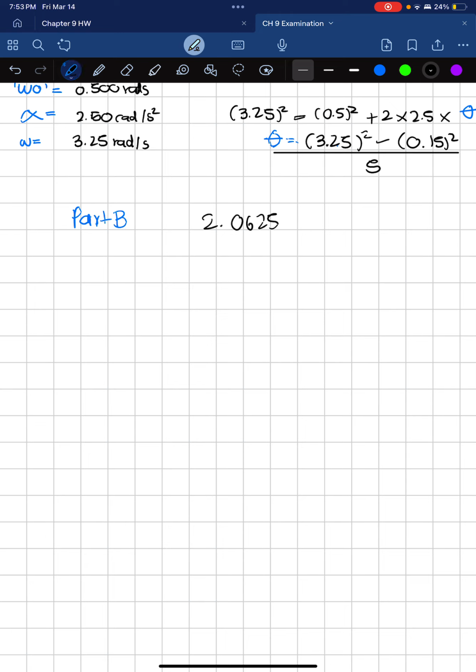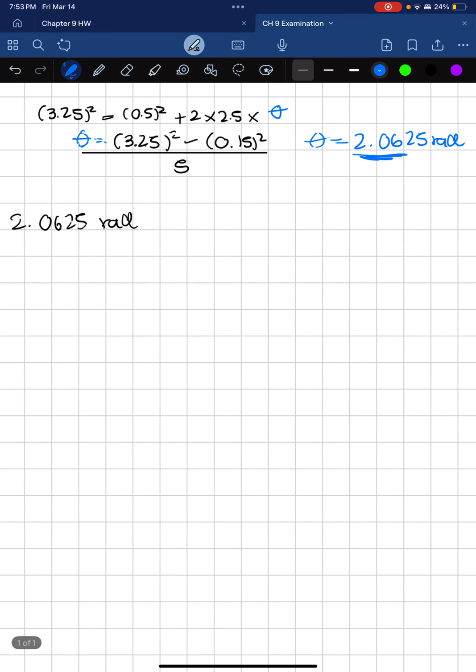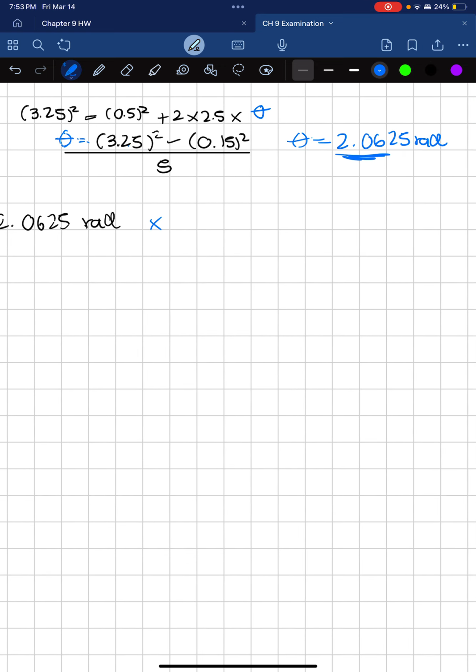These are the radians, this is what we got, times 180 degrees over 3.1416, which equals 180 degrees per pi radians. So then we get this, 118.17. This is going to be the angle in degrees.